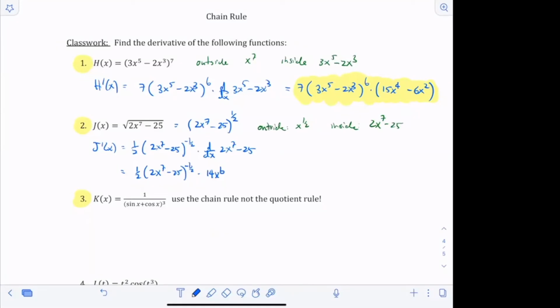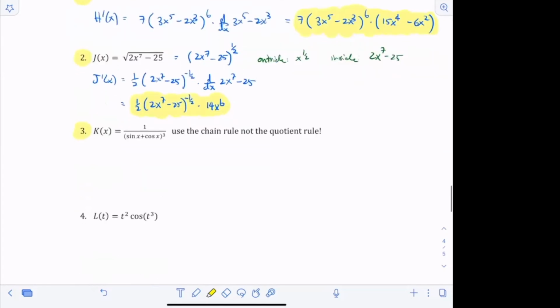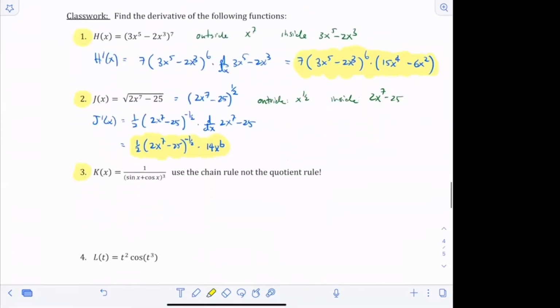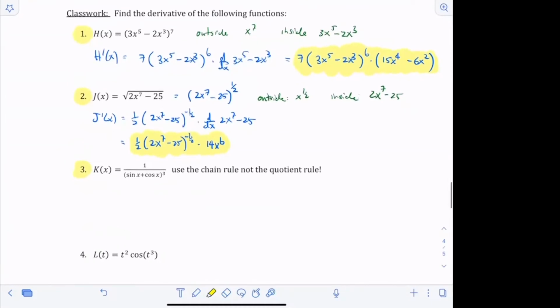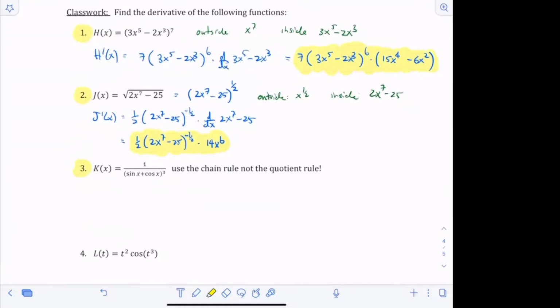Does that make sense? This number 2 here. Any questions? All right. Wait, I have a question. Yes. So for number 2, we don't put it back into like a fraction format, no? Oh, you could. You totally could.